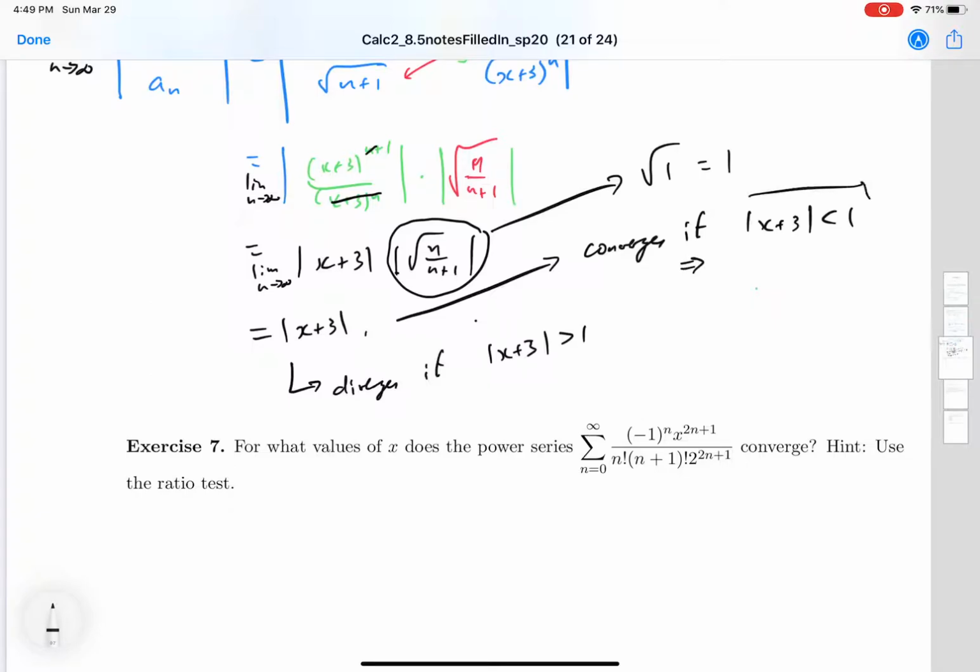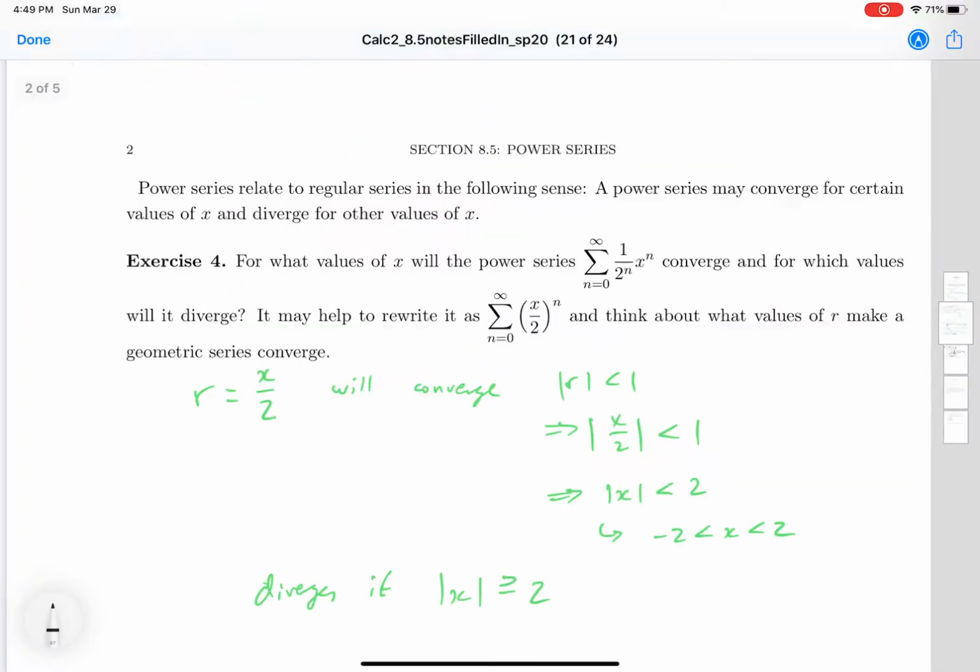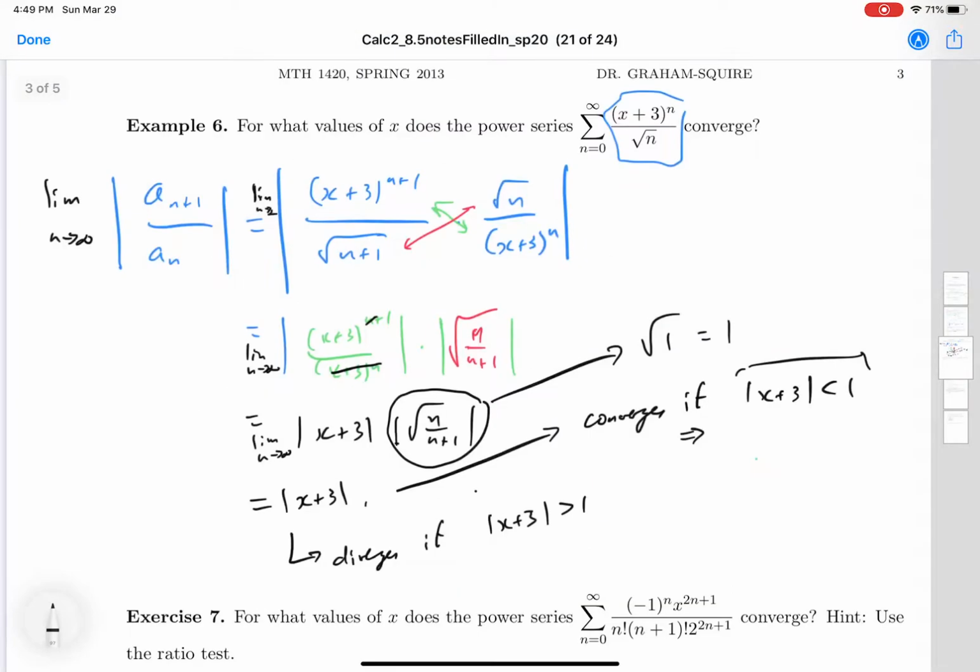This expression right here, the absolute value of x plus 3 is less than 1, I can rewrite as -1 is less than x plus 3 is less than +1. And the reason is that absolute value of x plus 3 less than 1 means that x plus 3 has to be bigger than -1 and less than +1, because it's only in those sort of fractional decimal ranges that when I take the absolute value, I'm going to get less than 1.